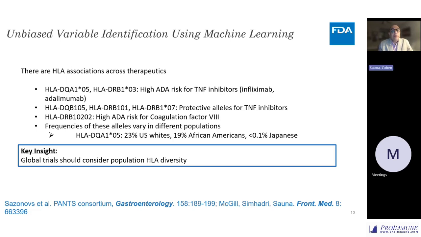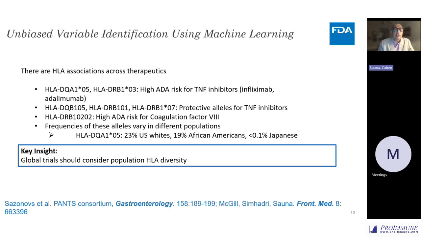Now, so unbiased variable identification can be done using machine learning, and there are HLA associations across therapeutics. And these are some publications which have carried out very large studies for TNF alpha inhibitors.